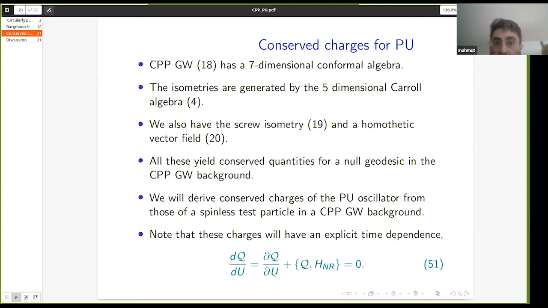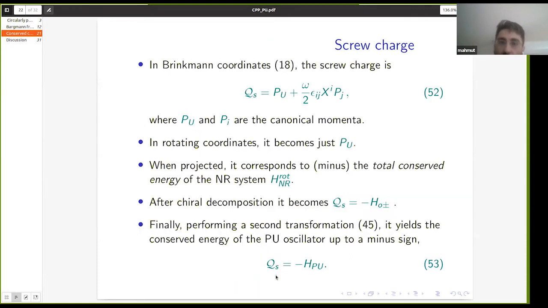The idea is, of course, you have symmetries, you generate conserved quantities in the higher dimensional system, then you project them, and you push forward all these conserved quantities and generate new conserved quantities for this Pais-Uhlenbeck oscillator. For the screw charge, for instance, if you write it down in terms of Brinkmann coordinates, it will be Pu plus this thing.